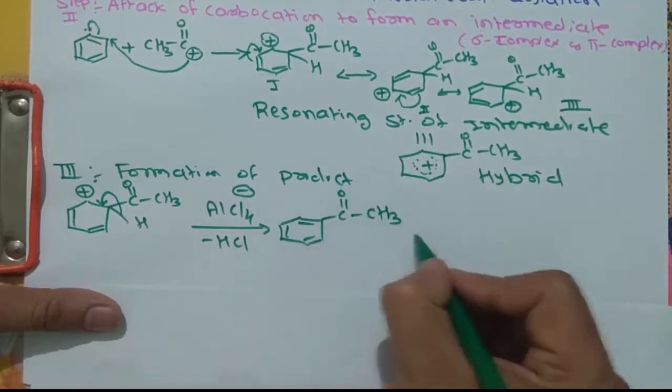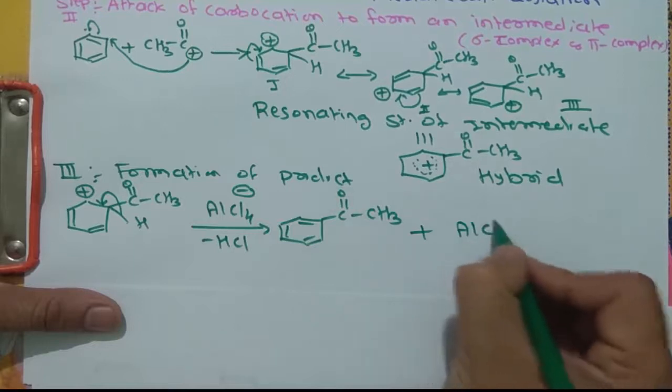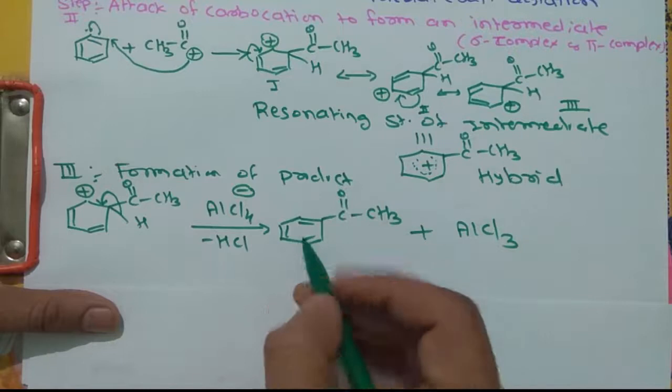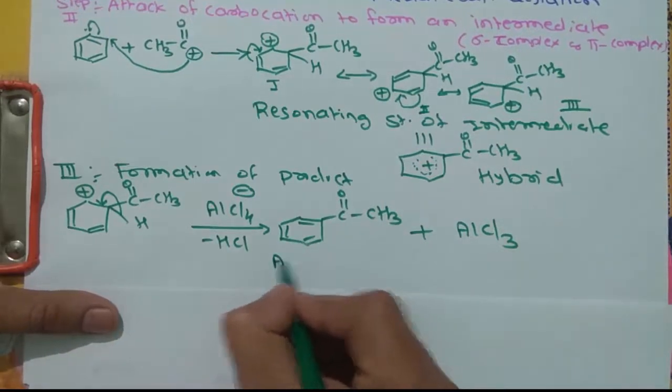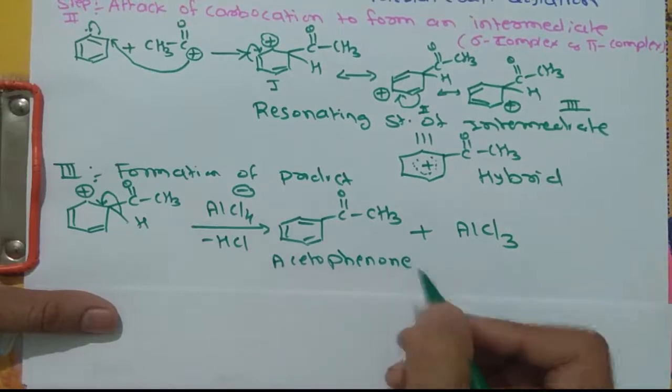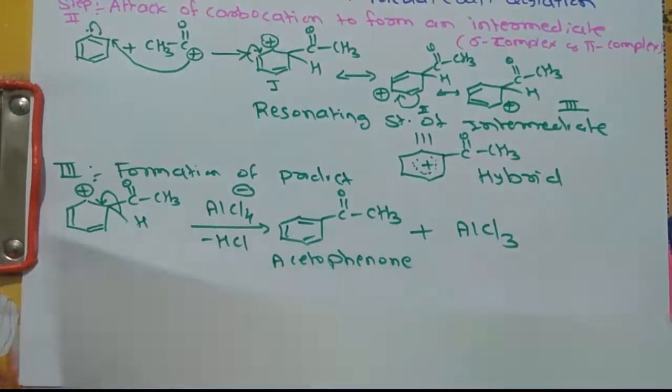The acyl group is introduced on the benzene ring and AlCl3 is regenerated. This is acetophenone.